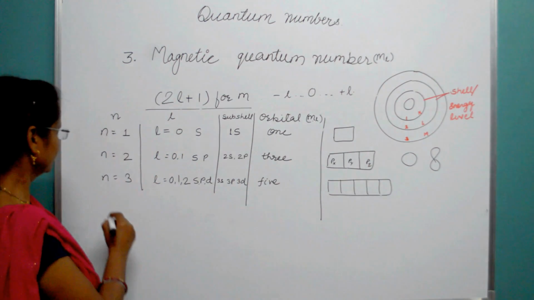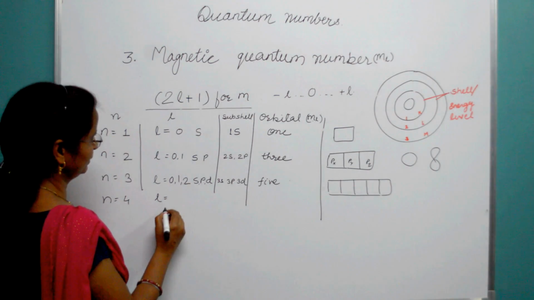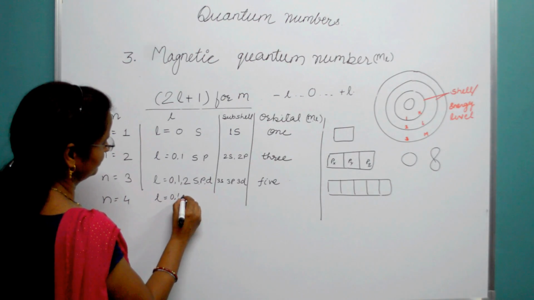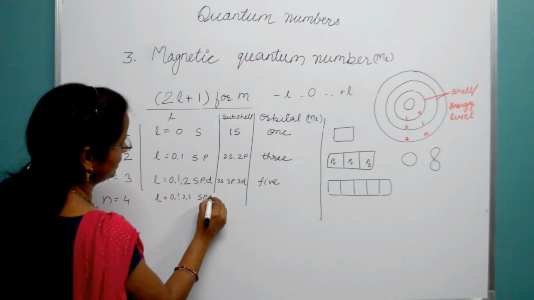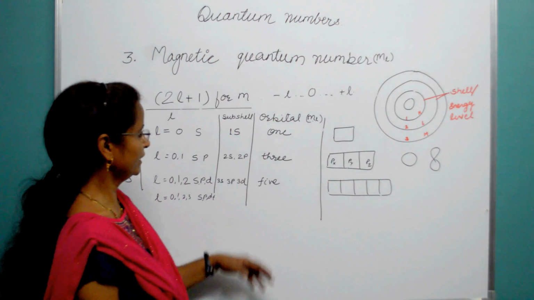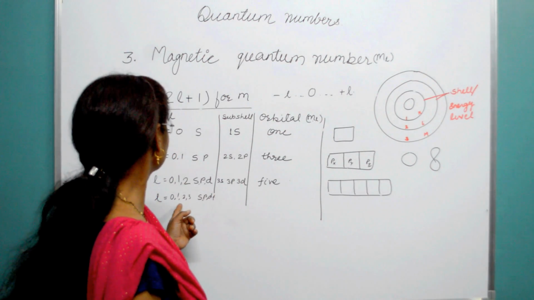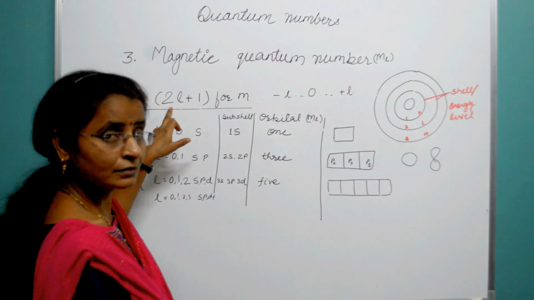So again if n is equal to 4, what is the value of L? So 0, 1, 2 and 3, means s, p, d and f. So here for f the value of L is 3.